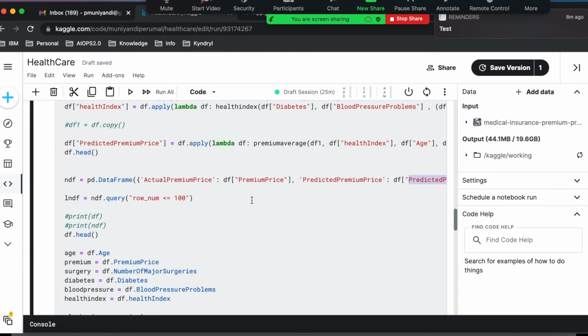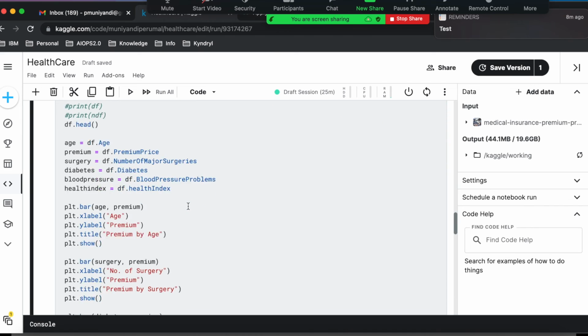The same thing applies to all 1,000 records. From the 1,000 records, I'm querying only 100 records. So these are two different data sets, one with 1,000 records and another with 100 records. I'm playing around with that particular data.